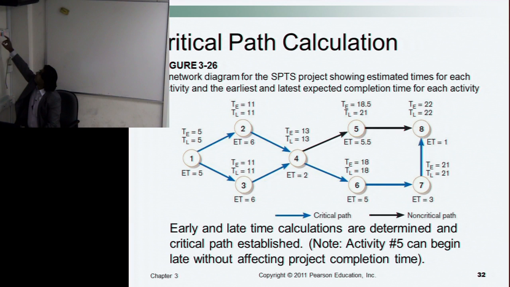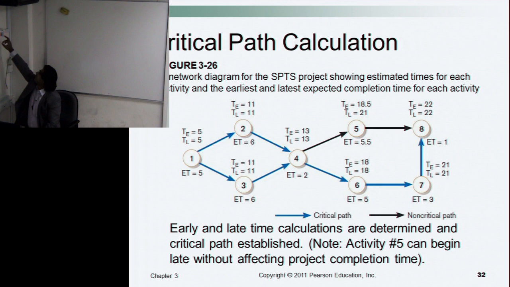Similarly, for activity 6, 5 plus 13 gives us 18. Then we come to activity 7. It has an expected time of 3 plus the earliest time of the preceding activity. 18 plus 3 equals 21.